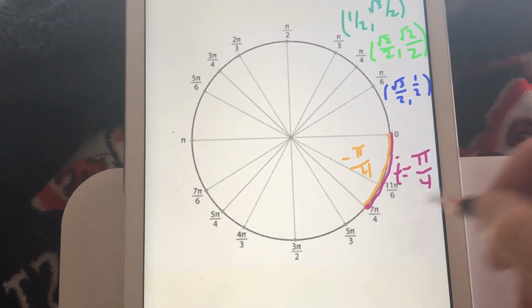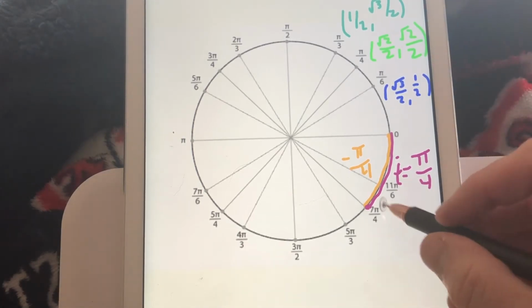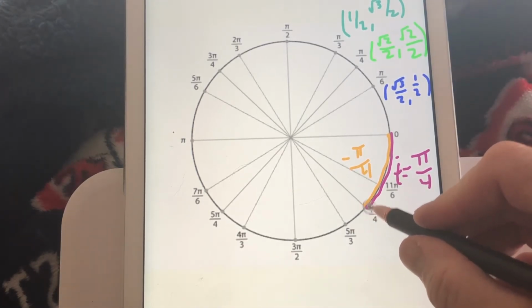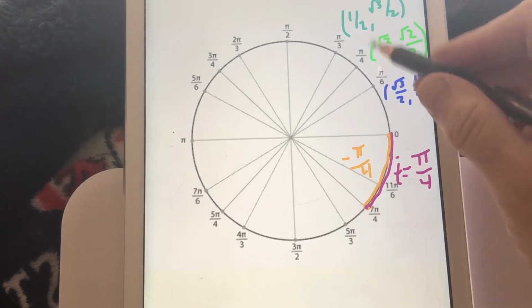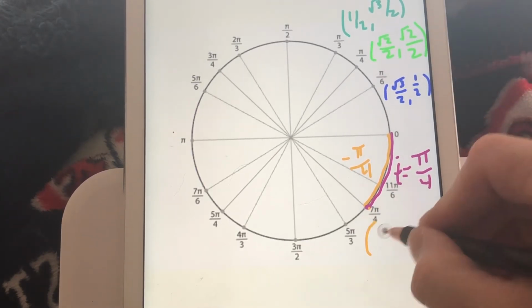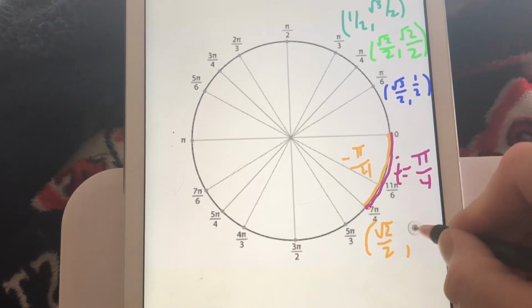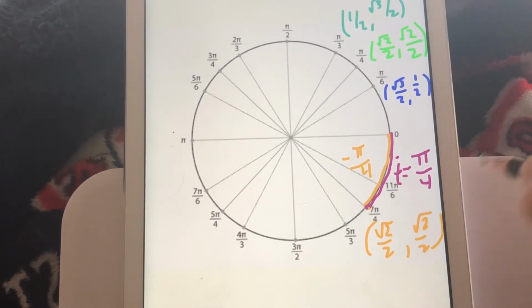Now, the only thing that's going to be different here is that I'm in the 4th quadrant, okay? So that's going to tell me what the coordinates are of this terminal point here. Well, I'm using these values, radical 2 over 2 and radical 2 over 2, but what I need to determine is either or both of those going to be negative, okay?